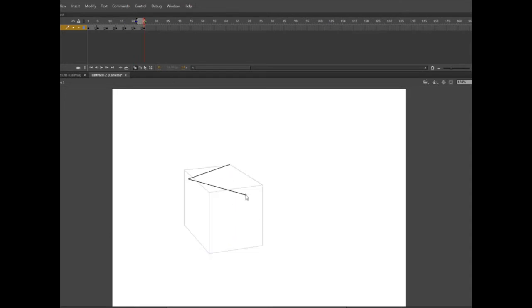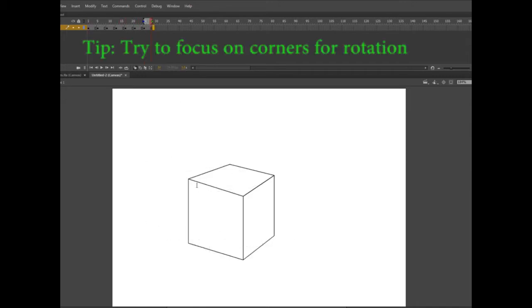So a tip I want to give to those who are going to try this, especially for the box, is try to concentrate on the corners. Don't concentrate on what you're seeing as the shape, but pay attention to the edges, pay attention to where the corners are and how they're moving.